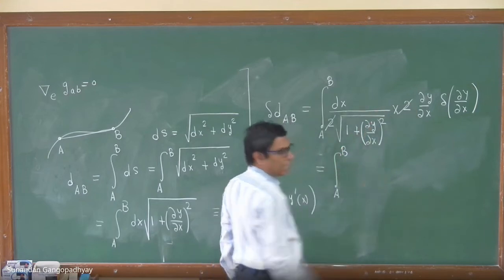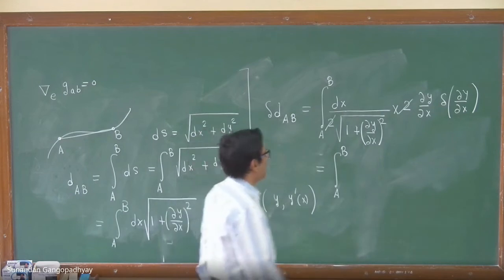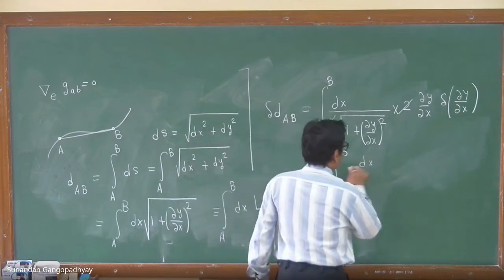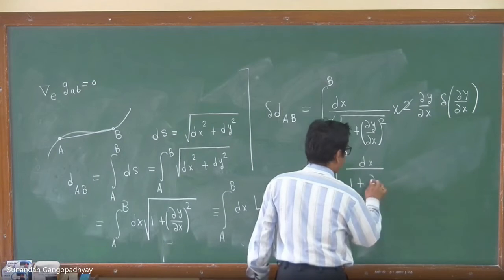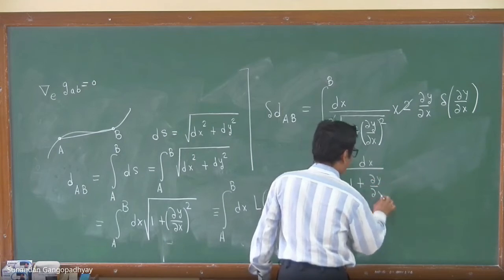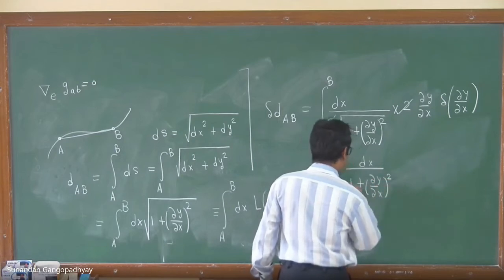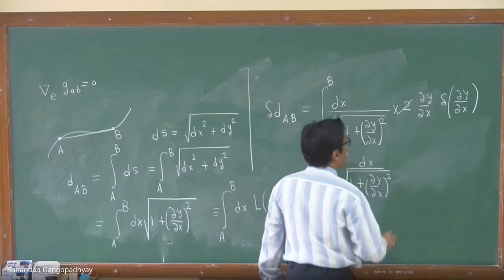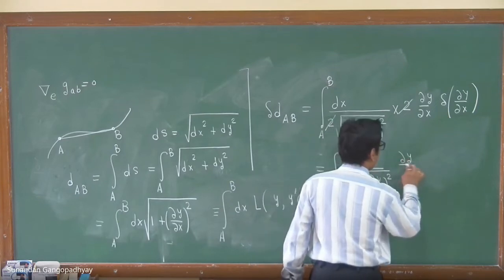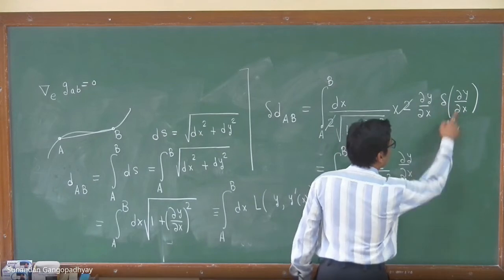This is the way you get the Euler-Lagrange equation.